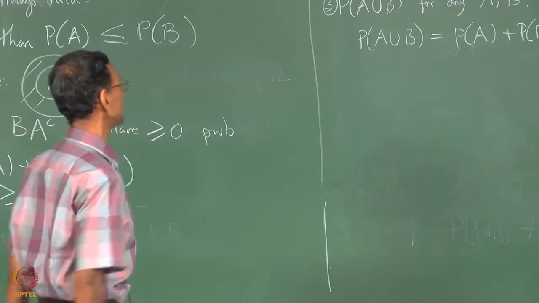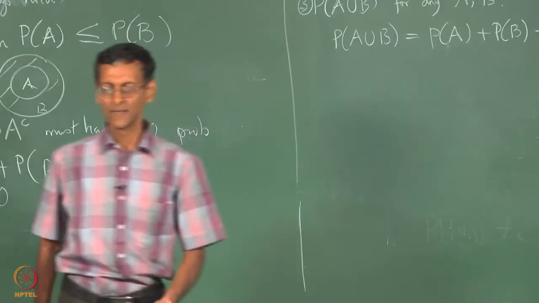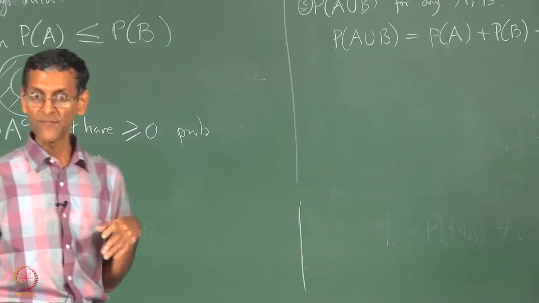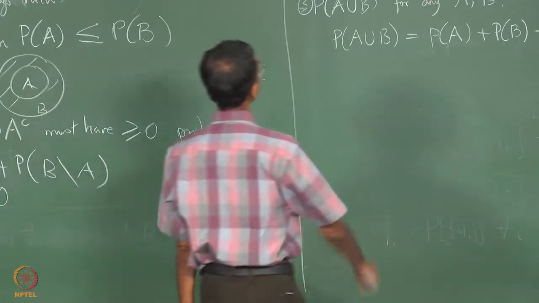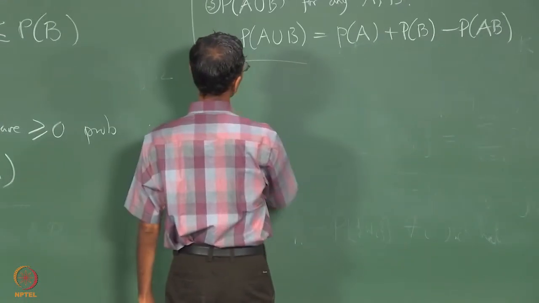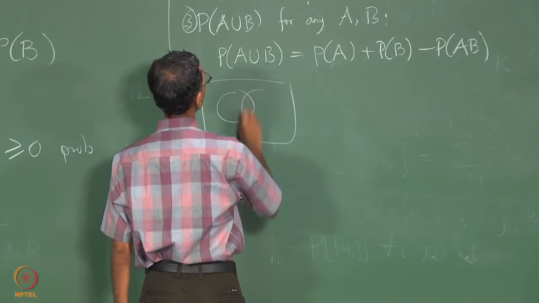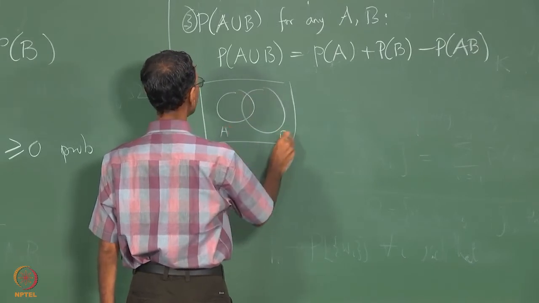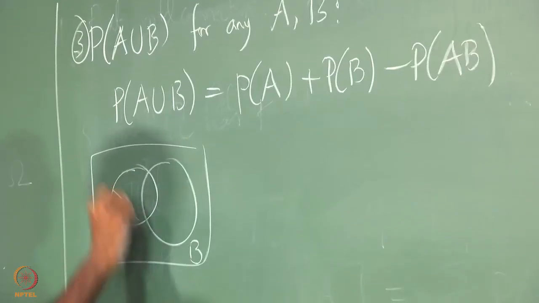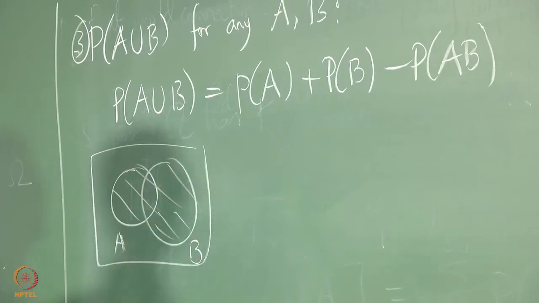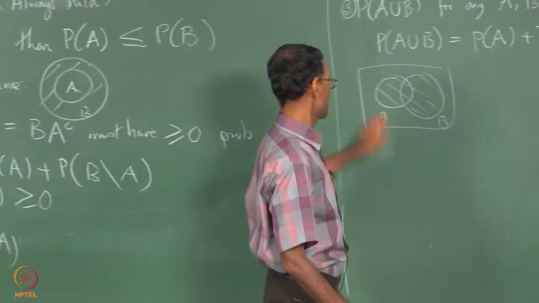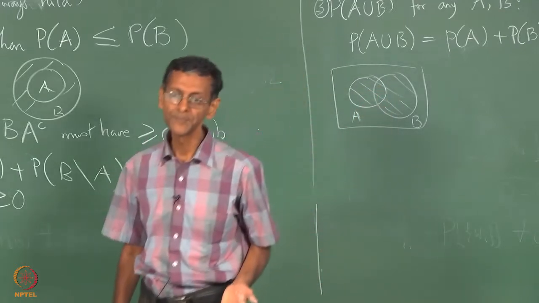It all depends on writing A union B as a union of exclusive events. So if we start off with just two events A and B, this A union B is this portion, which includes all the elements in A and or B. You count all of these points only once in the union.